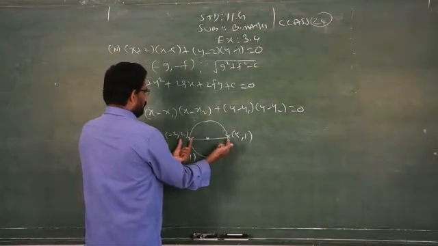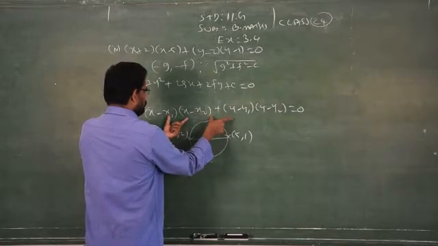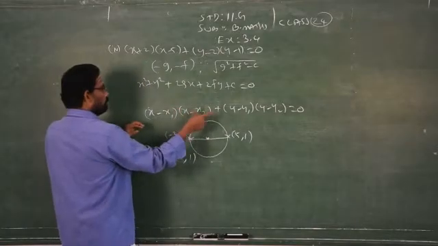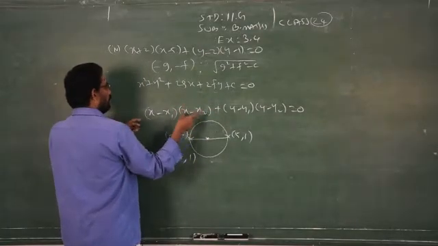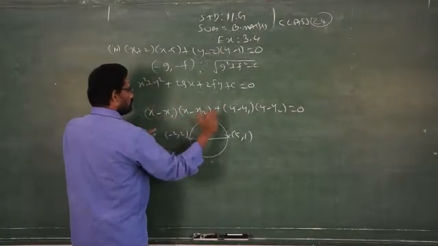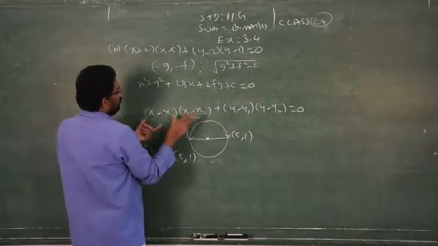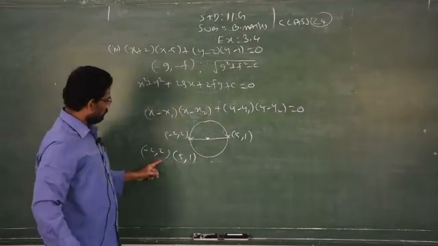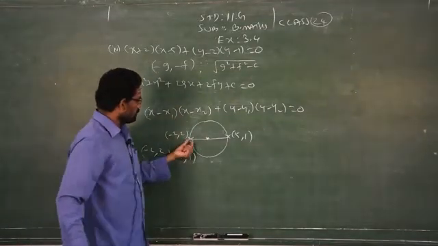When the end of the diameter is given, you use this formula to find the equation of the circle. So I am going in reverse order. By using this concept, I find x1, y1 and x2, y2 by comparing the general equation with the given equation. Now I got (-2, 2) and (5, 1). So these are the ends of the diameter.